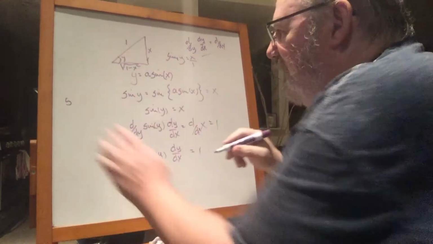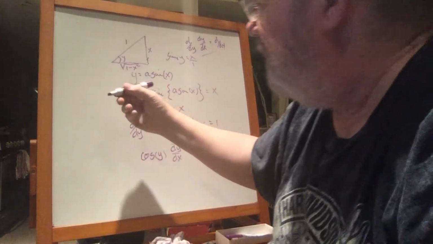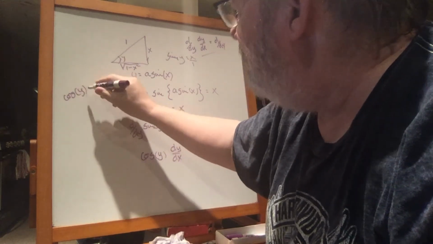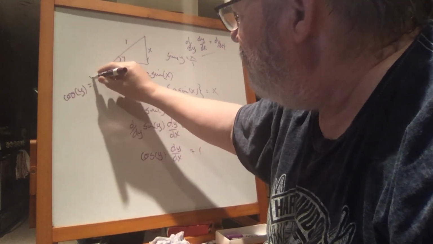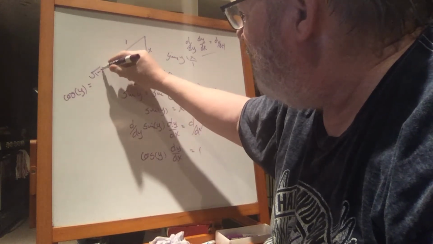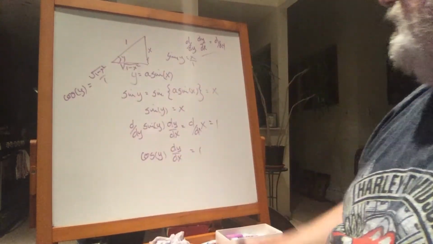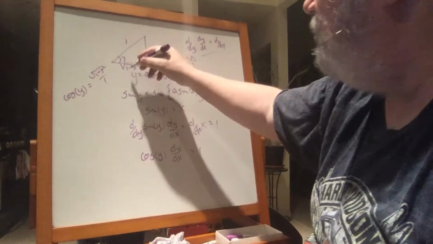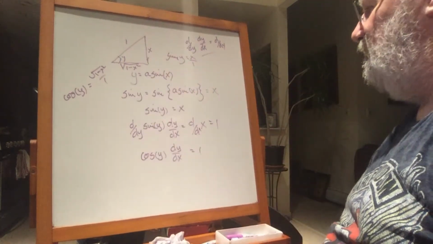So cosine of y is equal to the square root of 1 minus x squared over 1. That's the adjacent over the hypotenuse.